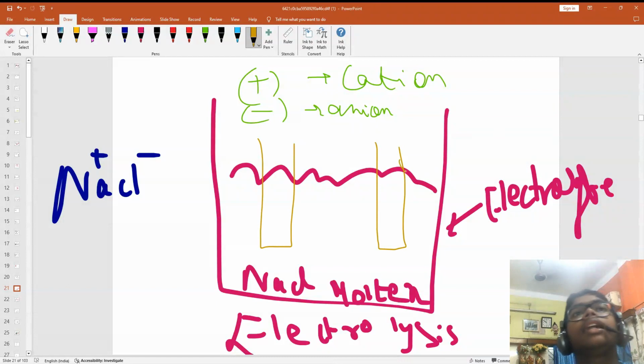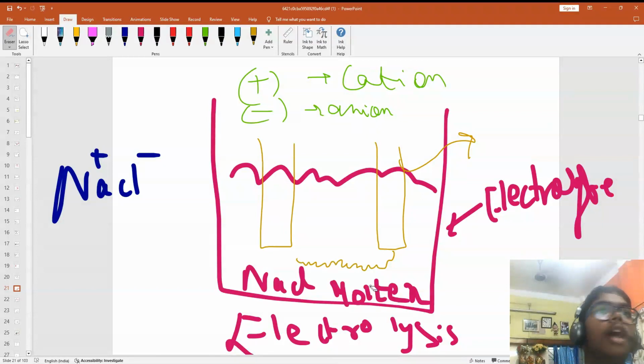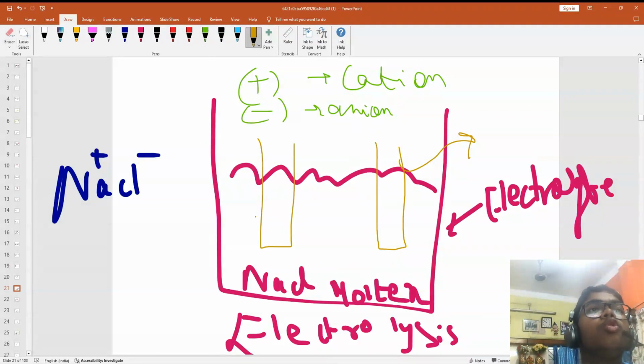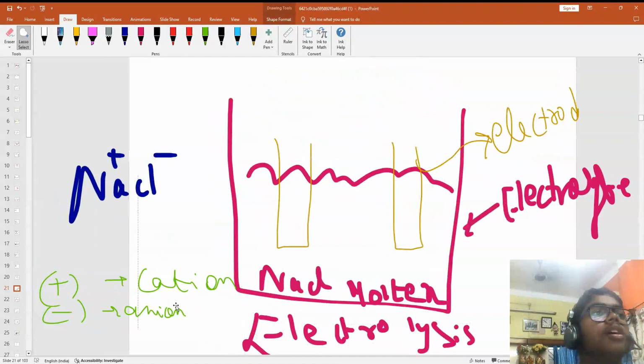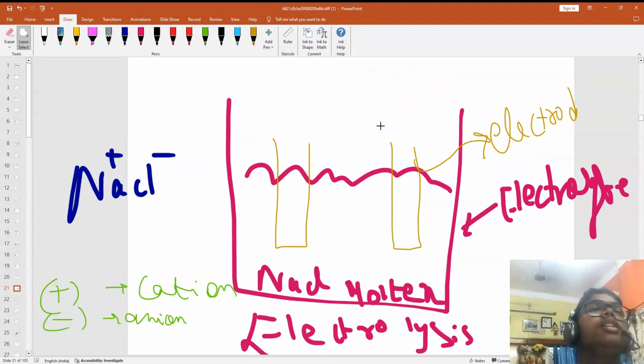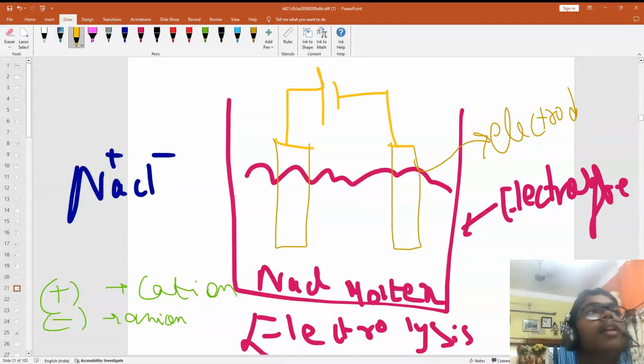That can also conduct electricity that we are passing, so that electricity will pass through this. Understand? There is no wire, guys. There are just two rods. These are known as the electrode. These two rods are just put in the water, submerged in the water, and they will be joined with the battery.